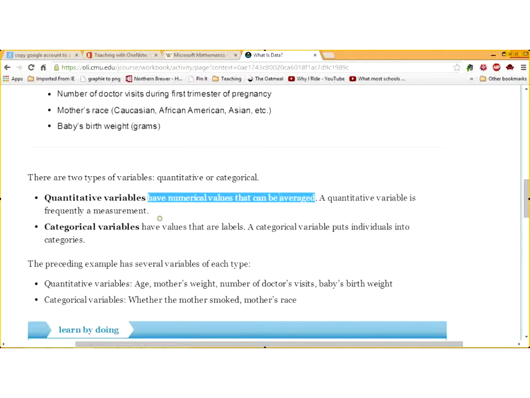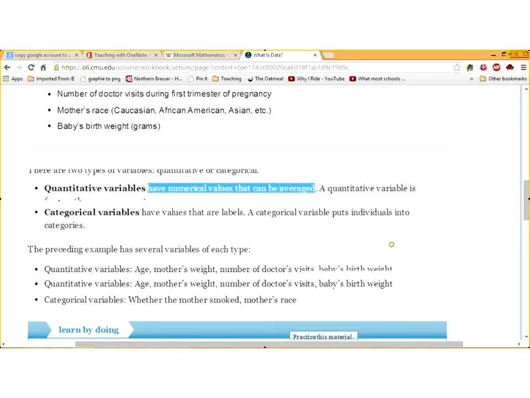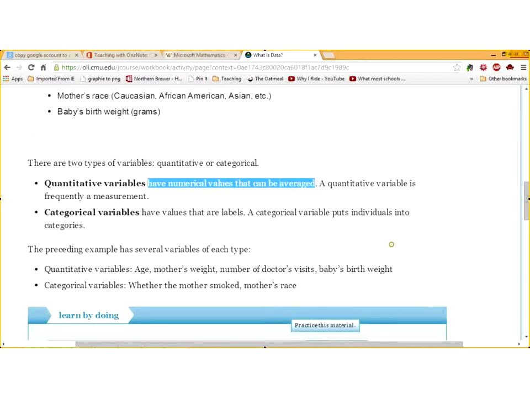A quantitative variable is often a measurement or a count. And then categorical variables have values that are labels. A categorical variable puts individuals into categories. So of the ones up above, the quantitative are age, weight, number of doctor visits, and baby's birth weight. Categorical variables are whether the mother smoked and the mother's race.